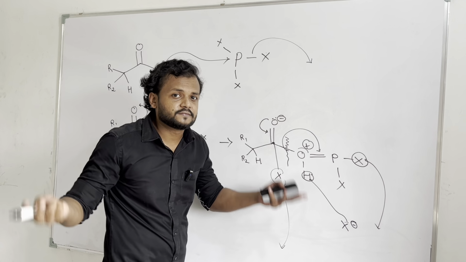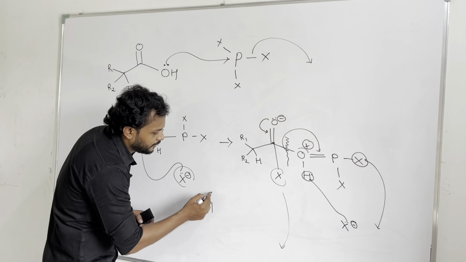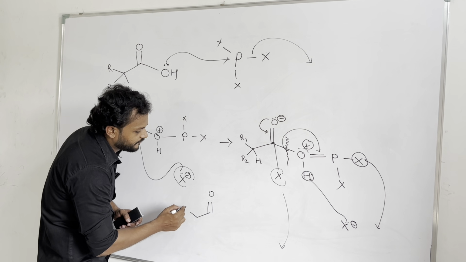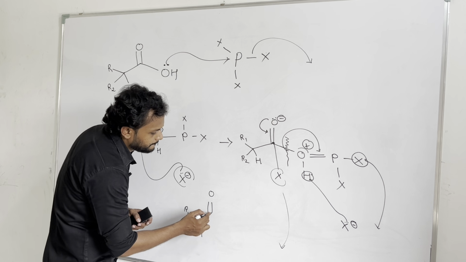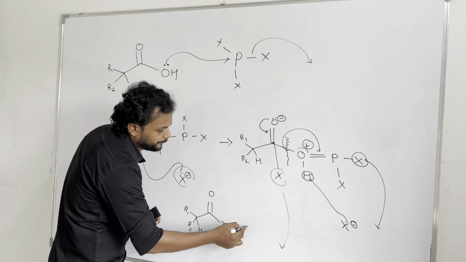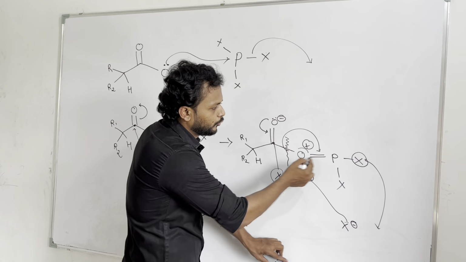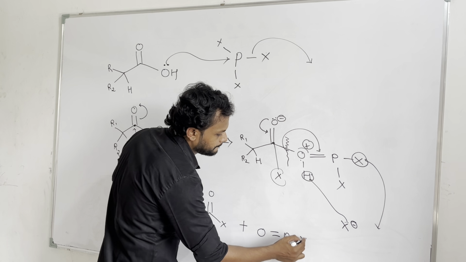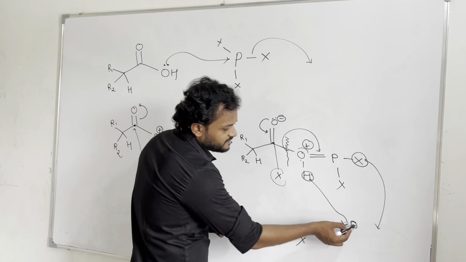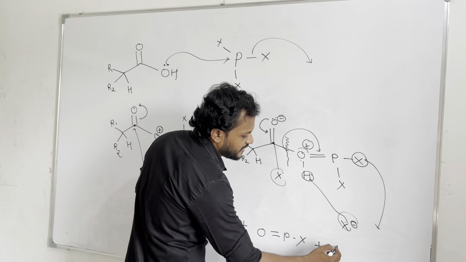And now we'll have multiple components: this double bond, R1, R2, H and X, plus this OPX, and this halogen has abstracted that proton, so we'll have HX as well.